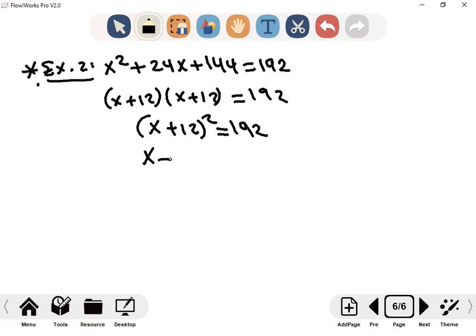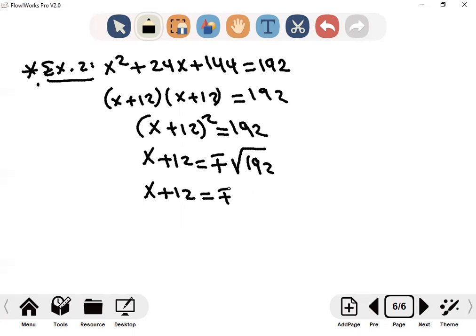So x plus 12 equals plus minus square root of 192.